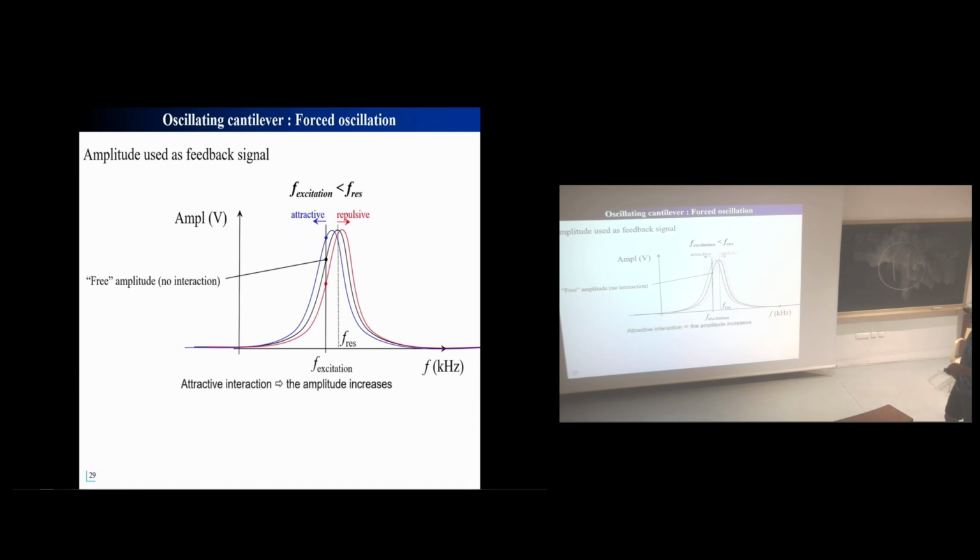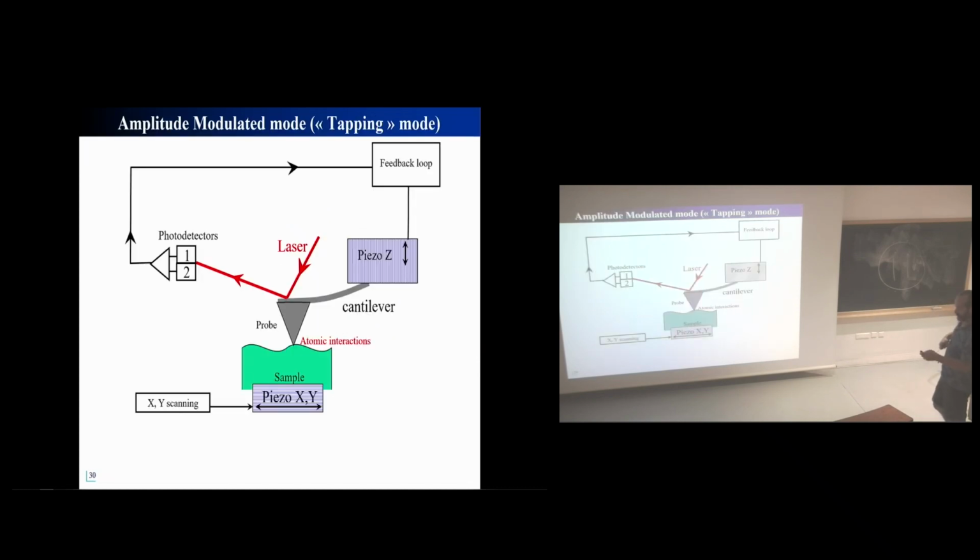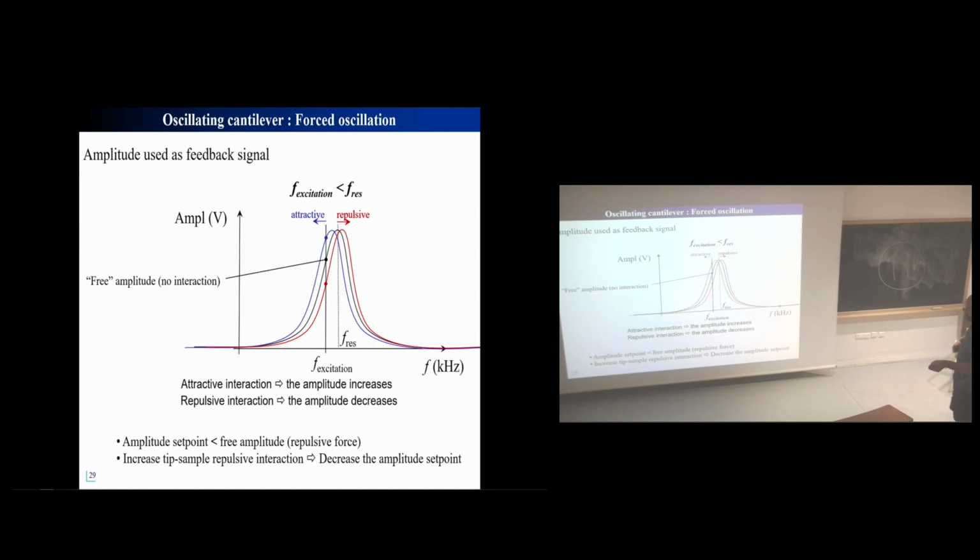If the force is repulsive, the amplitude decreases. So your feedback loop knows what to do. If the amplitude decreases, it means that it's a bump. It means that the repulsive force is higher, so Z is increased until this amplitude comes back to the set point amplitude.